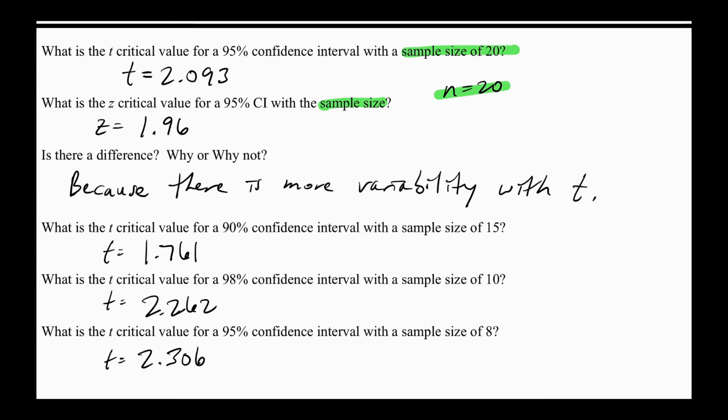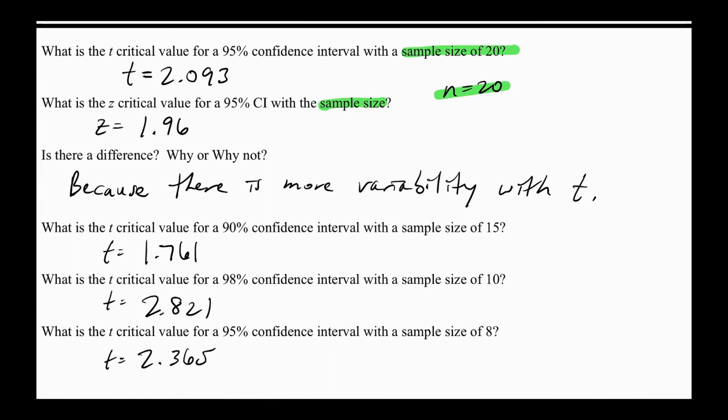Yep. I have 2.365 on the last one. 95% with 8 degrees of freedom. No, 7 degrees of freedom, that's probably what I did. 2.365? Okay.